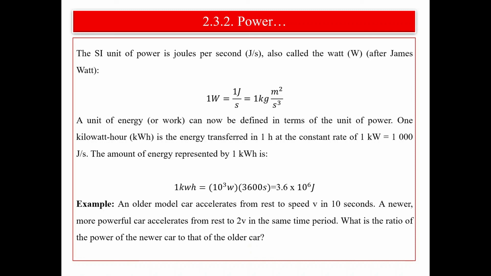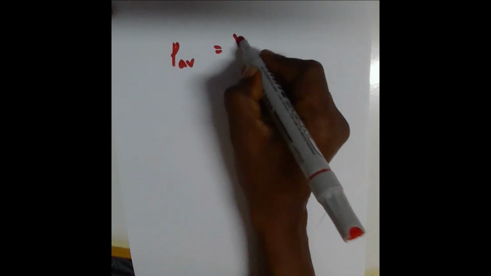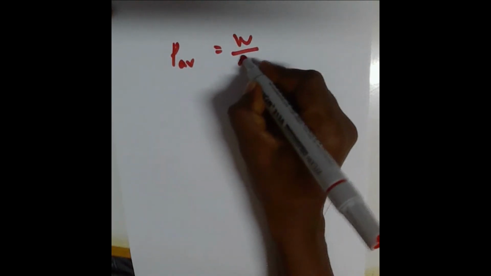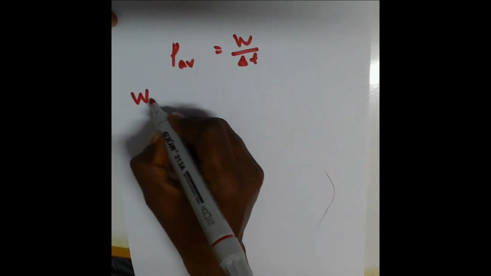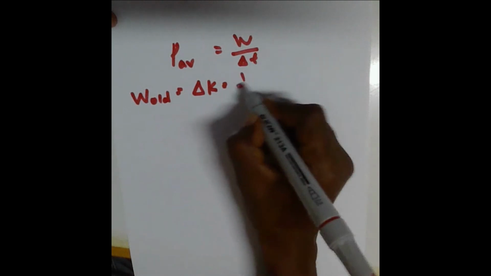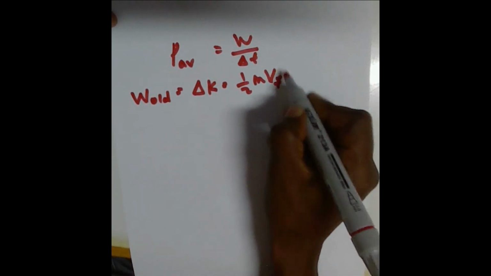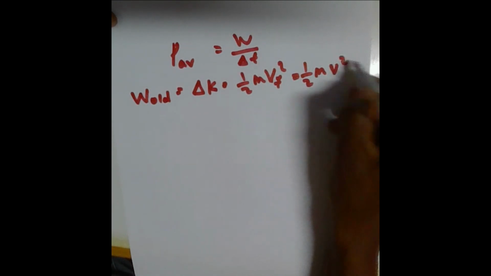Let's use paper. Average power is work done over the time interval, change in t. So for the old car, the work, for which we have to use the change in kinetic energy, is half m v final squared. We know that the final is given as v, so half m v squared.